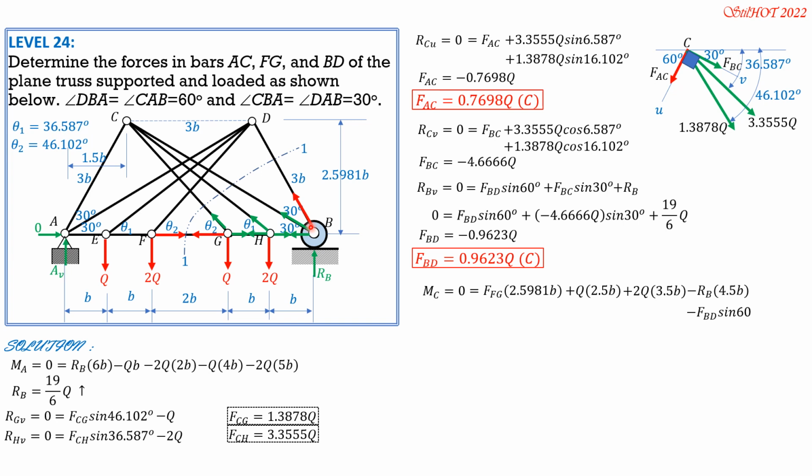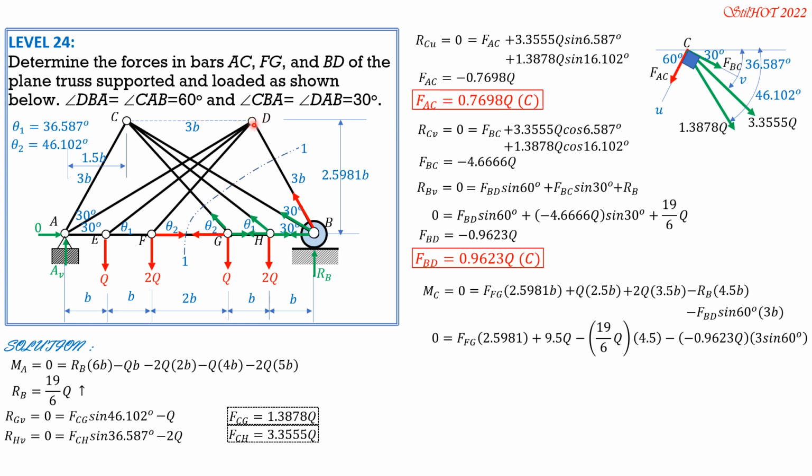So by principle of transmissibility of a force, take note, we sum up moment about C. Imagine that FBD is moved at D. Then there are two components of FBD, horizontal, which passes through C, so don't mind. Then the vertical, which is FBD sine of 60, then the moment arm is 3B.